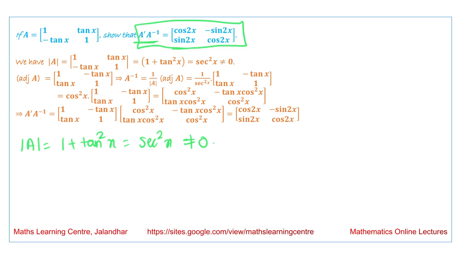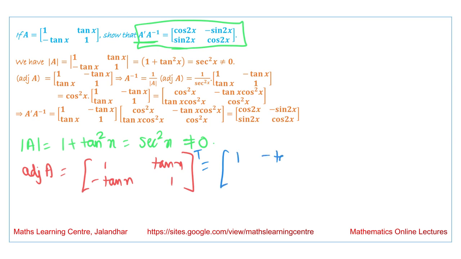Next we have to calculate A inverse. So we calculate adjoint of A. The value we will have is 1 minus tan x and 1 and its transpose, and it comes out to be 1 minus tan x and 1.